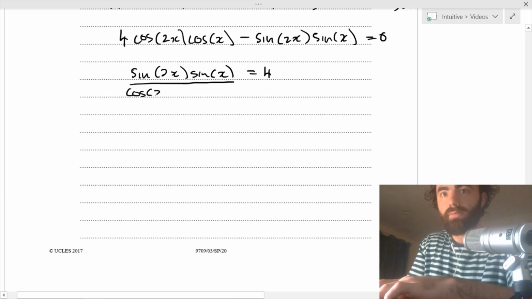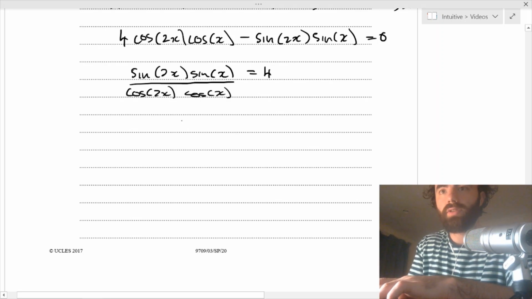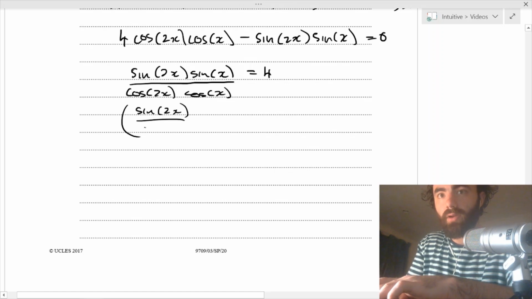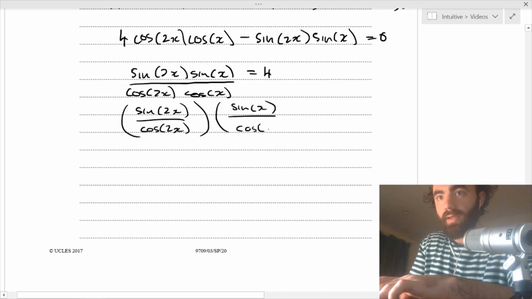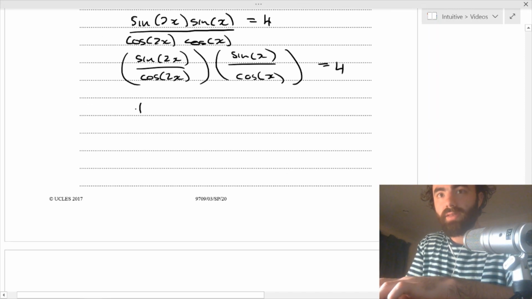So we get sine of 2x over cos of 2x times sine of x over cos of x equals 4. This is tan of 2x, and this is tan of x.